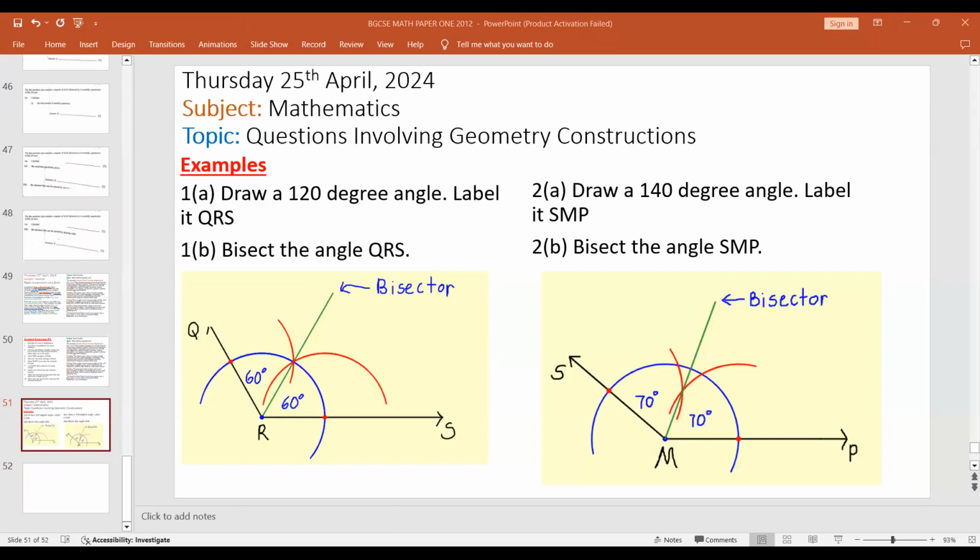The thing about these questions is that they might ask you to form a triangle or something like that, or different stuff. We're going to look at how we can follow the instructions and move forward with answering.